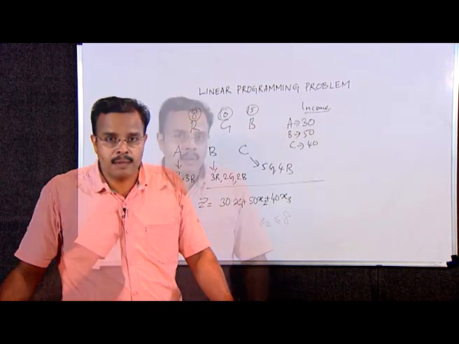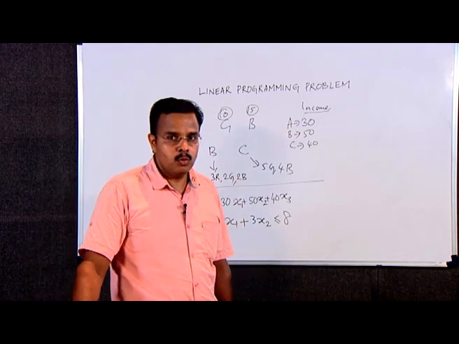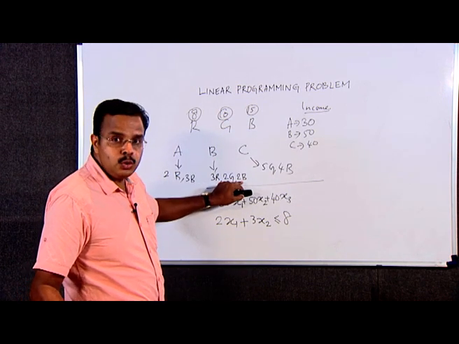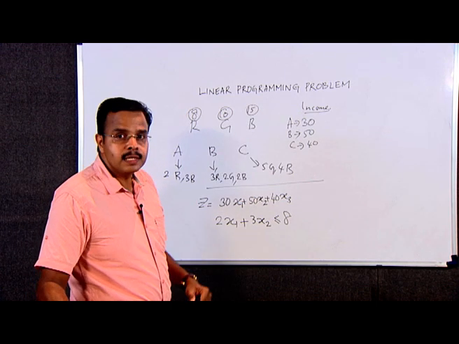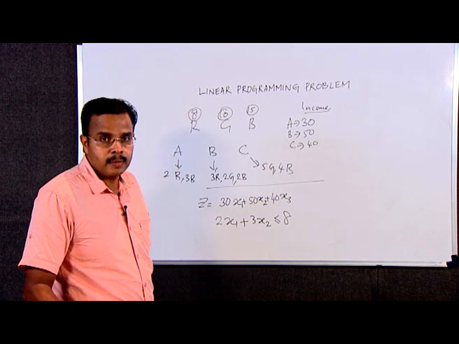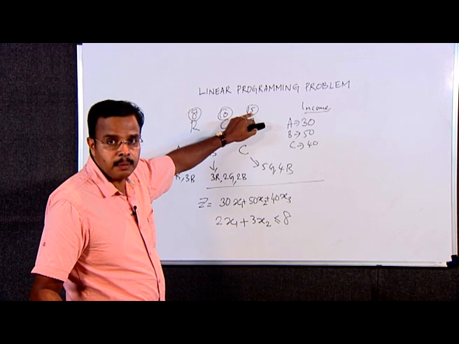The restrictions are: 1 unit length of type A cloth needs 3 meters of blue wool, B cloth needs 2 meters of blue wool and C cloth needs 4 meters of blue wool, but the stock of blue wool is only 15 meters.